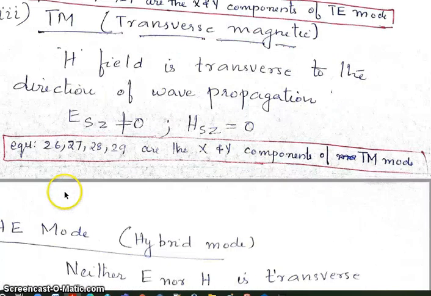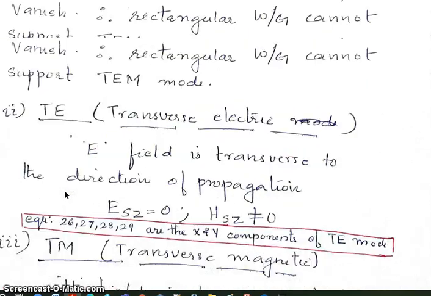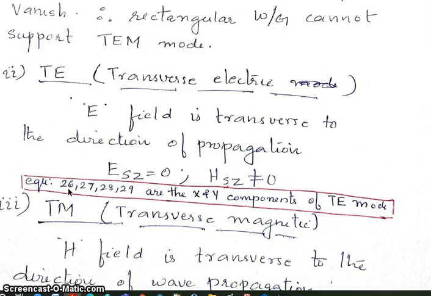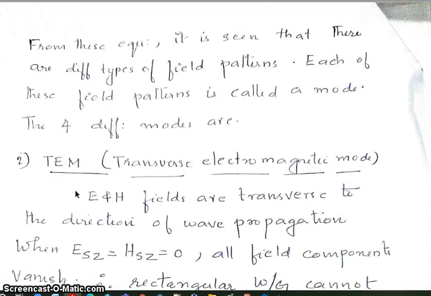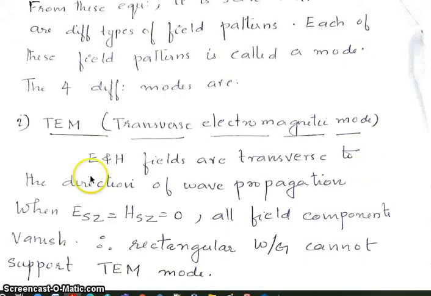As we discussed earlier, we discussed only two types of mode, that is TE mode and TM mode. There is one more mode, that is TEM mode, the transverse electromagnetic mode. Here electric field and magnetic fields are transverse to the direction of wave propagation.